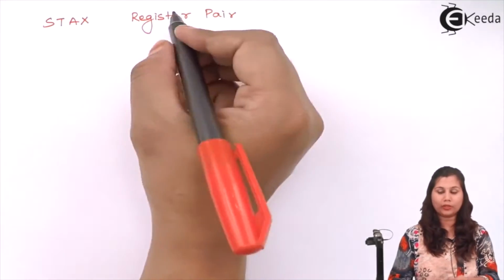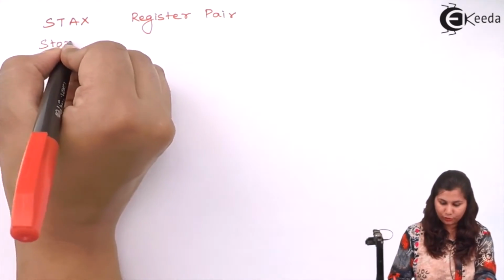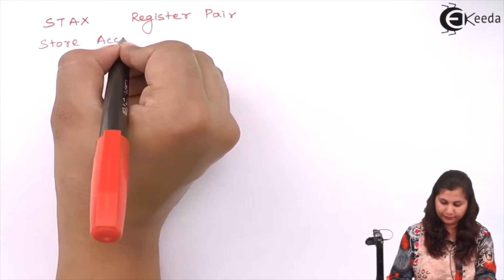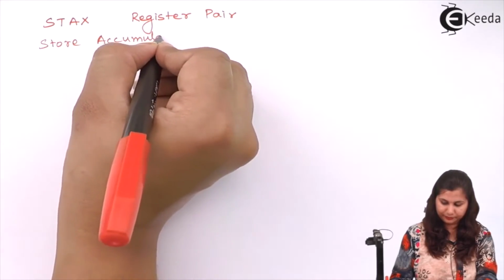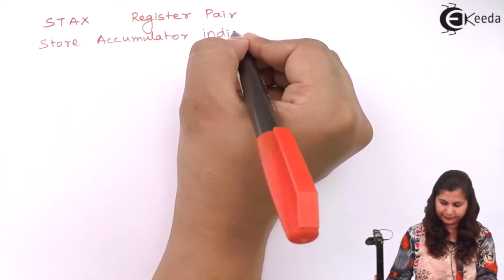This is the opcode and this is our operand. This instruction is store the accumulator indirect.